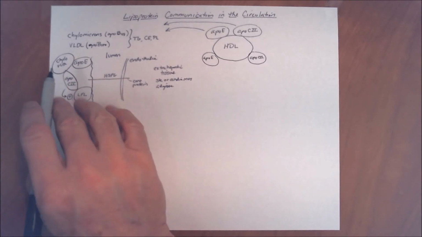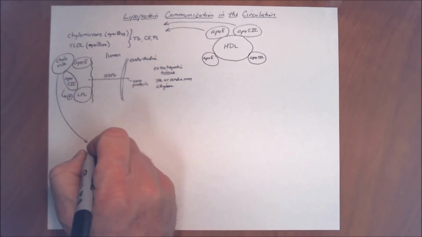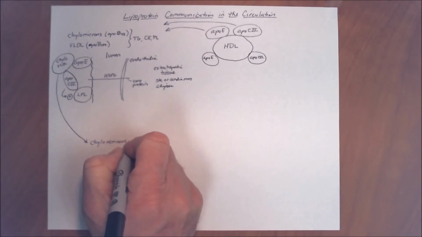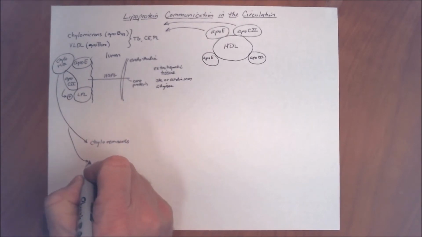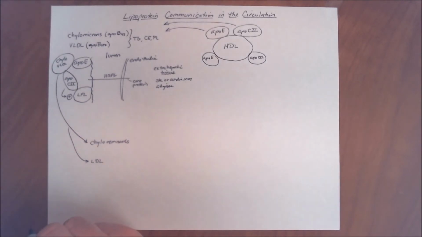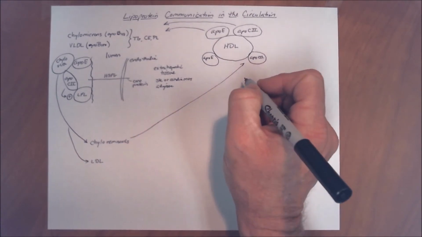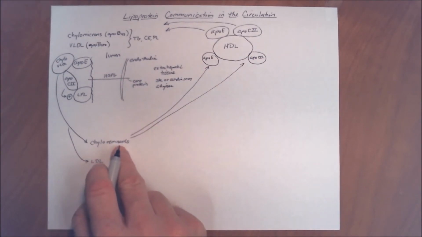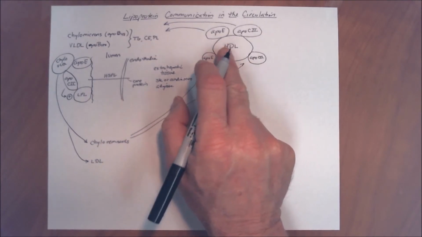Once the chylomicrons and VLDL are processed to their respective smaller products, chylomicron remnants, or LDL, a portion of the ApoC2 and ApoE from the chylomicron remnants is shed and released and bound back to HDL to serve again as this reservoir of these factors.